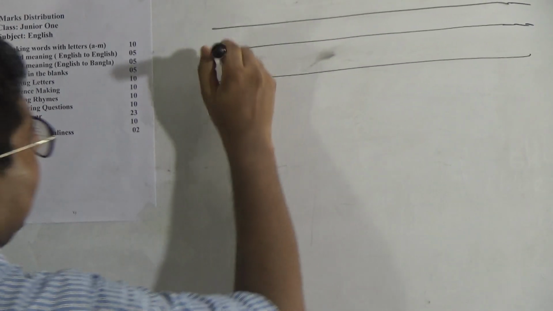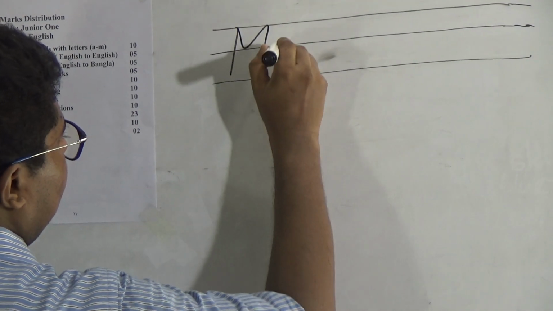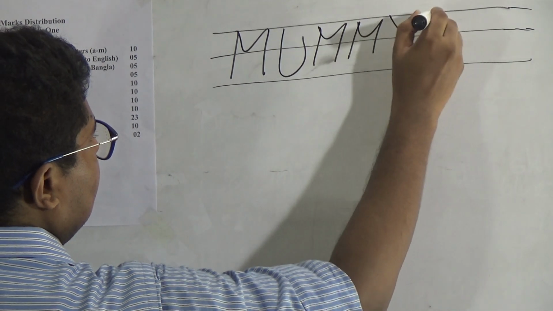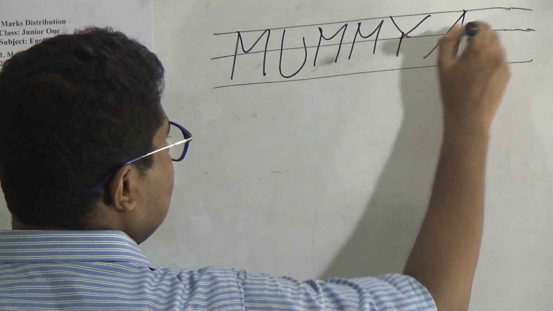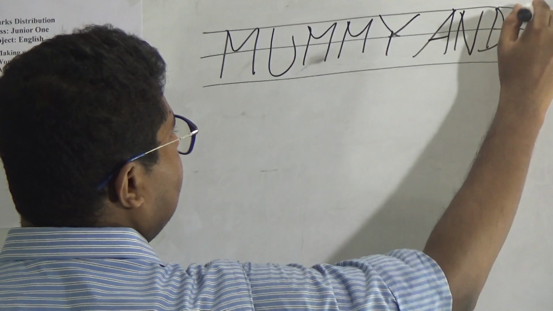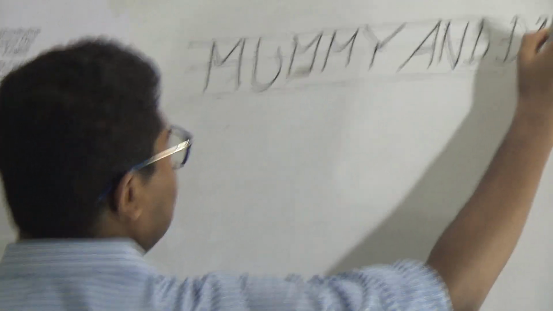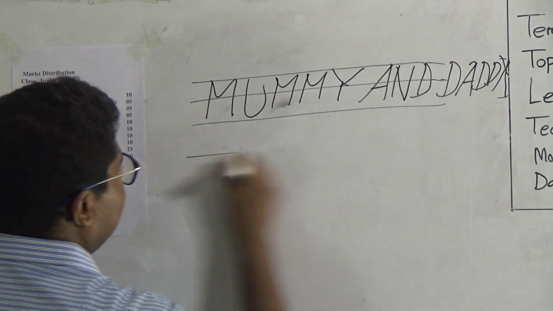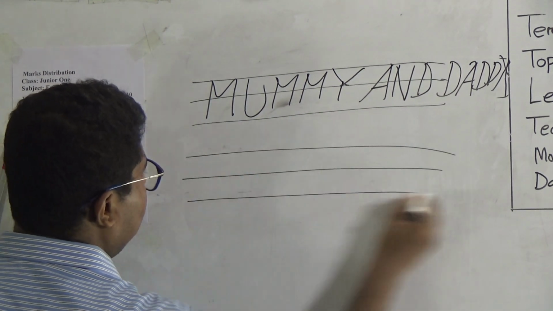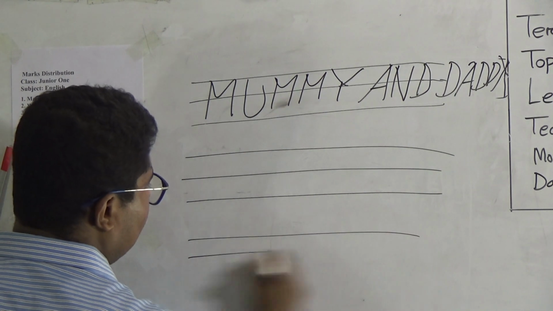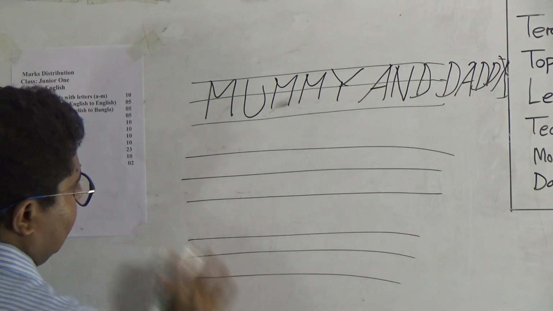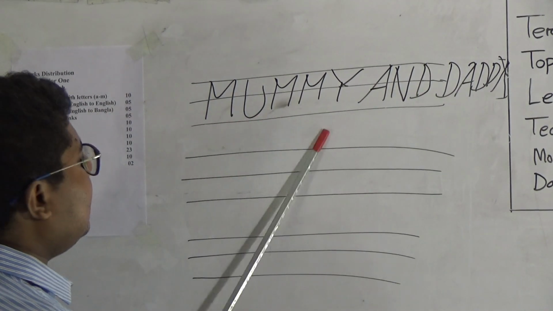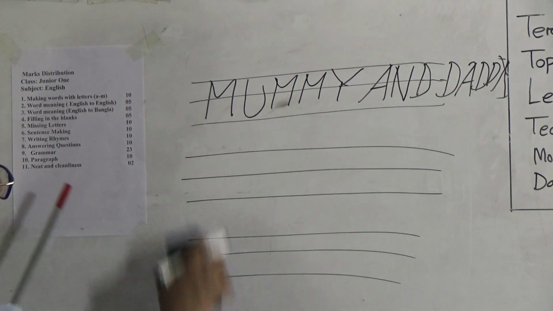You'll write like this. First you will write Mommy and Daddy like this, and then you will write the answer. If I'm not writing Mommy and Daddy, then this type of paper will be given. You'll write the answer in this portion. Okay, first you have to write the title, then start writing the poem.